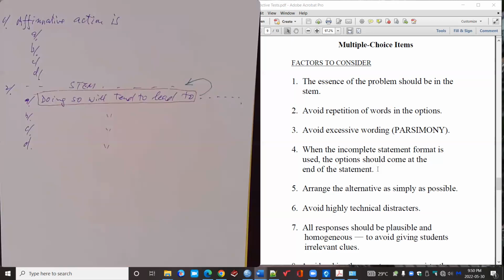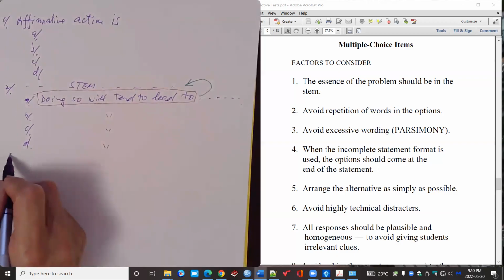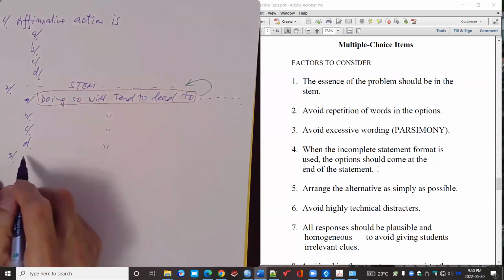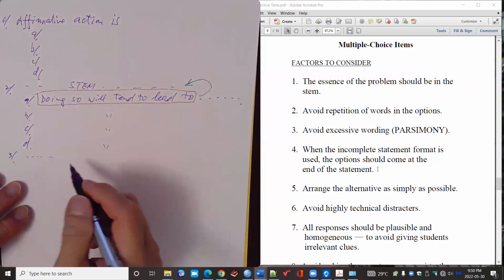Okay. So I'll give you an example. Well, let's say here you have the stem. If incomplete, fill in the blank.